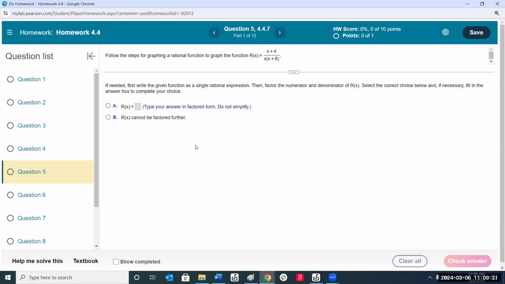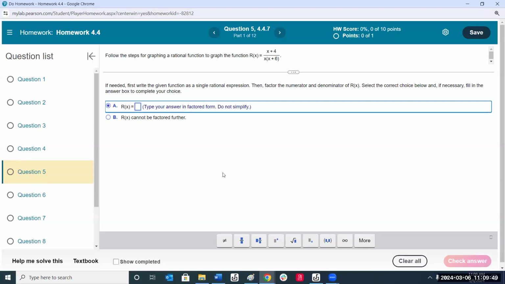First, write the given function as a single rational expression. Then factor the numerator and denominator. It's done. Select the correct choice below. If necessary, fill in the answers. Actually, this one is just type it in as it is.